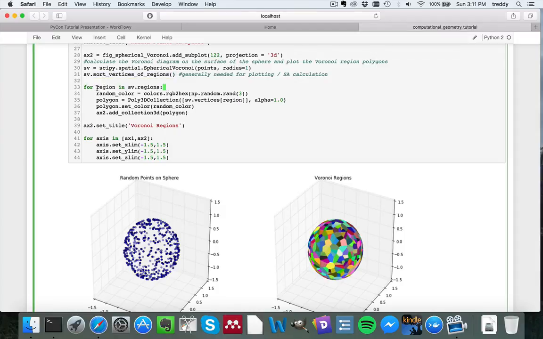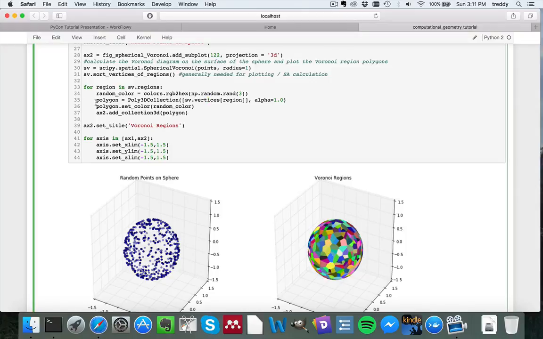So we basically iterate through the regions, and these are indices, yes, because I've indexed the vertices, which you can easily plot without sorting, and then taken these regions as basically a sorted version of the indices that will give us our polygons with ordered vertices.